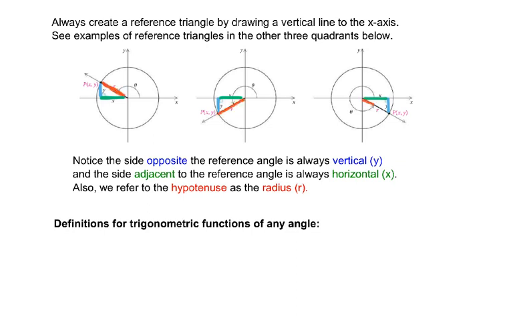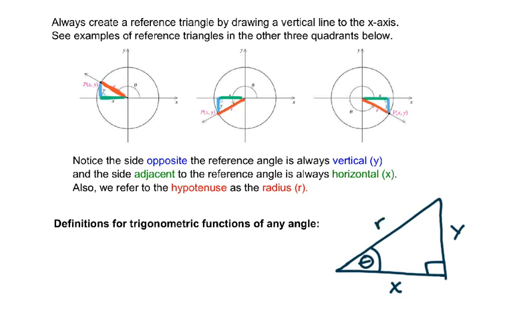So if we draw that line vertically up or down to the x-axis, our sides are always going to be oriented in the same way. So the reason this is useful is because our reference triangle is always going to have this same pattern. You're going to have some acute angle theta, which is near the origin. You're going to have a horizontal side x, which is adjacent to theta, a vertical side y, which is opposite theta, and we'll have r, or our hypotenuse.